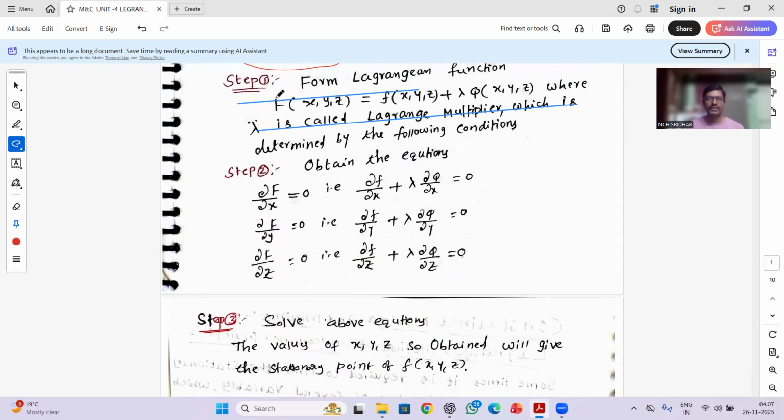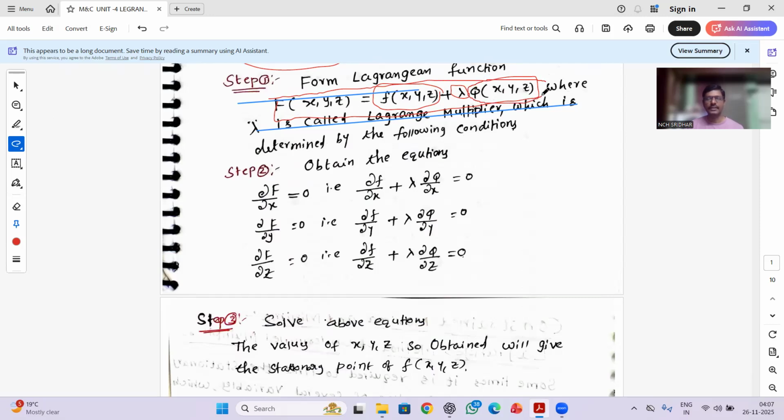Step number one. First, we form this function capital F of x, y, z is equals to small f of x, y, z plus lambda into phi of x comma y comma z, where this lambda is a constant. That means this is the given function to us and this is the given condition to us.